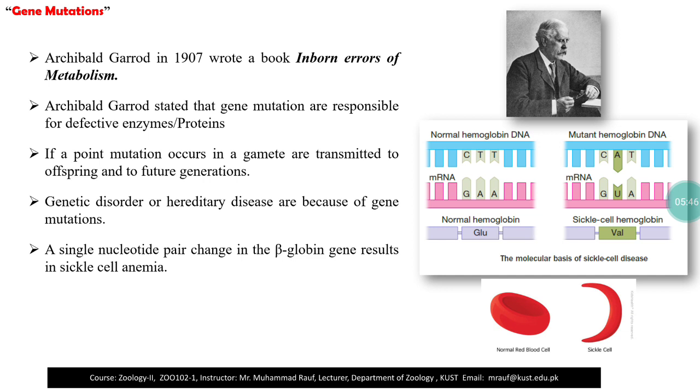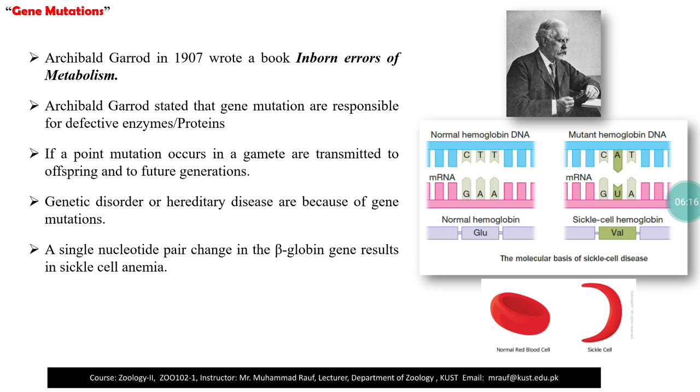So here on the right side of the picture you can see that mutation in one of the beta globin genes results in an altered amino acid, valine, and as a result, if such a defective polypeptide chain becomes part of an RBC, then the RBC becomes sickle-shaped.